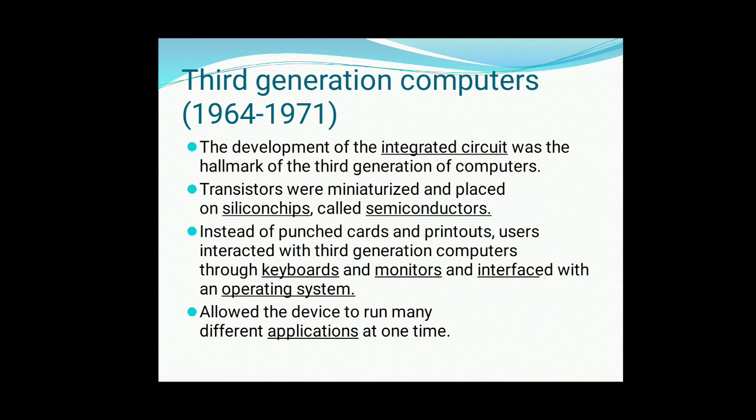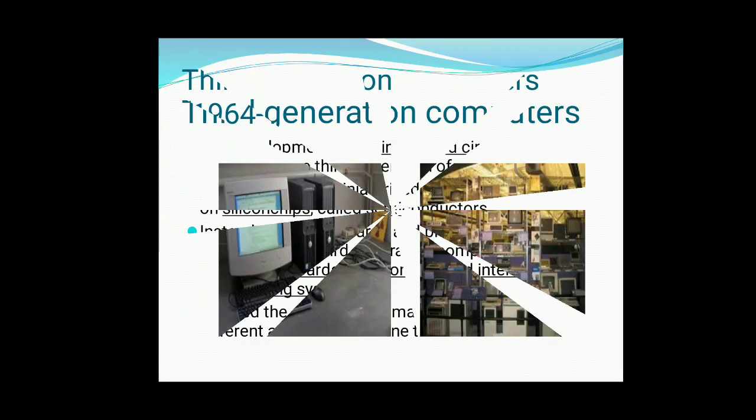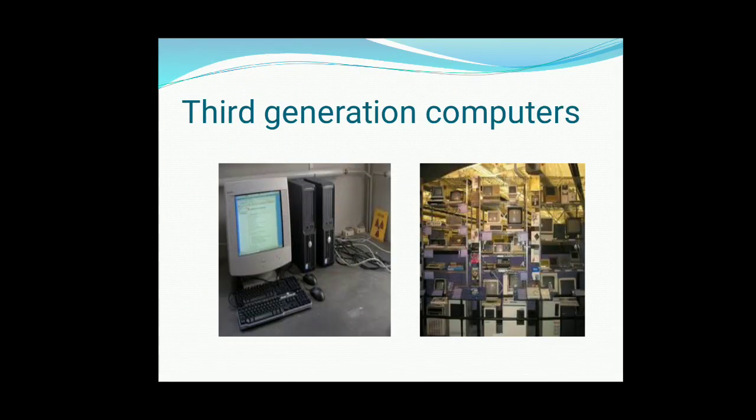Instead of punched cards and printouts, users interacted with third generation computers through keyboards and monitors and interfaced with the OS, or operating system. This allowed devices to run many different applications at one time, or multitasking. You can see the third generation PCs.